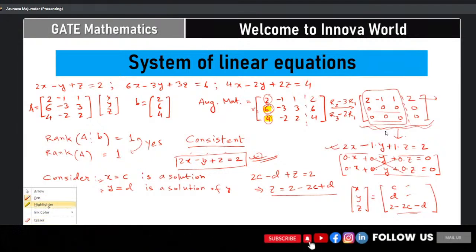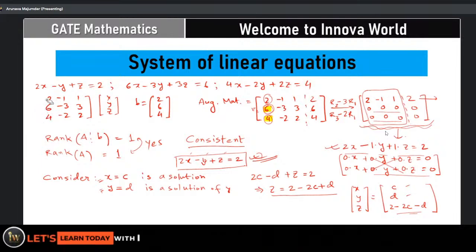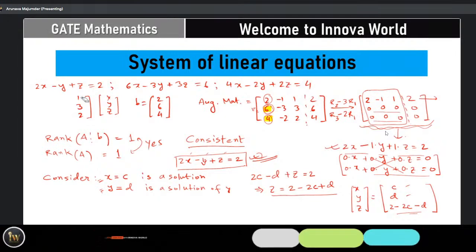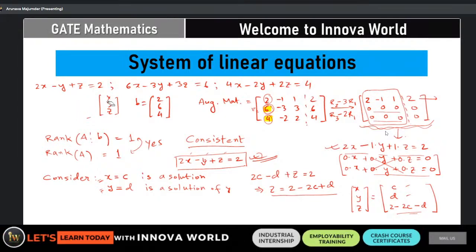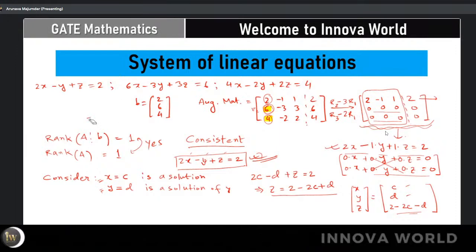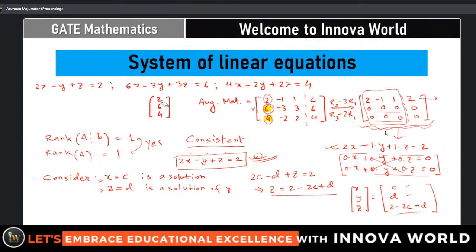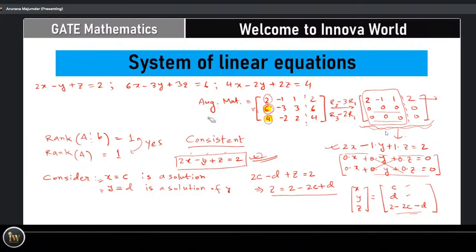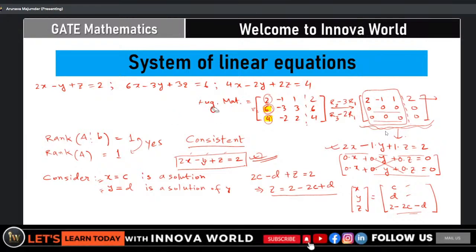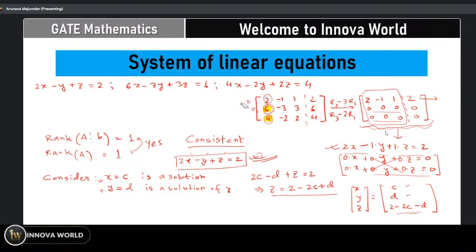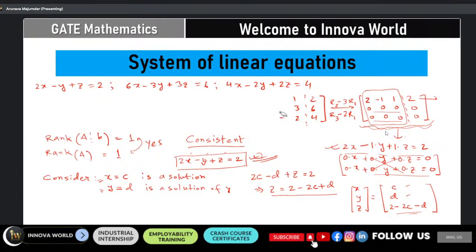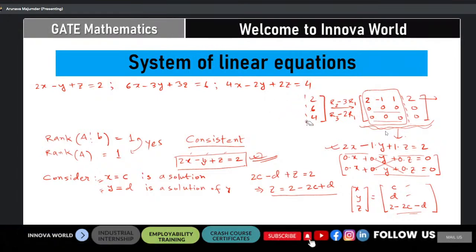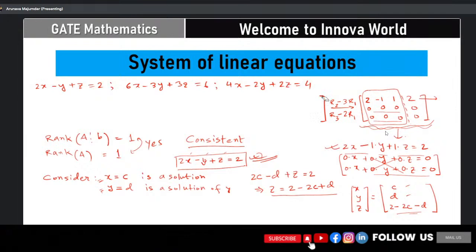Now let us see another interesting thing. Look at the three equations carefully.